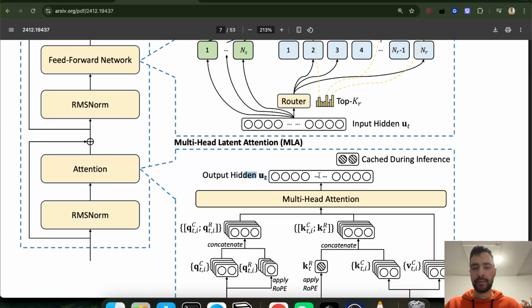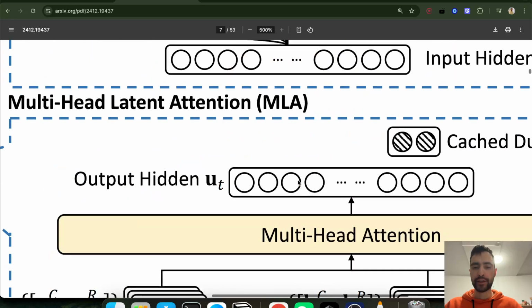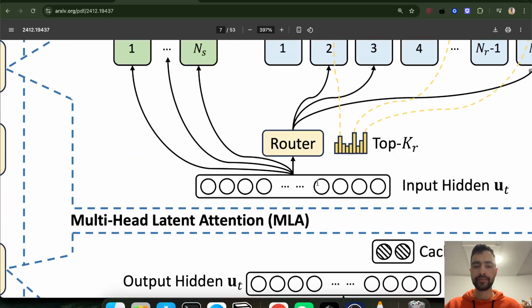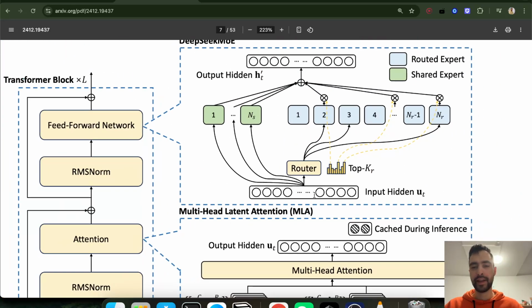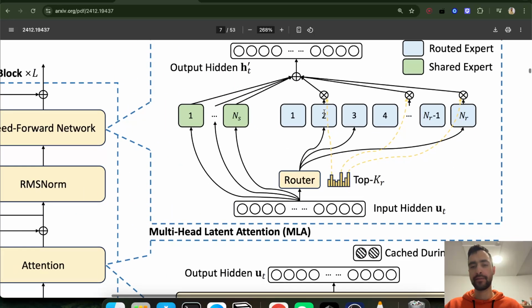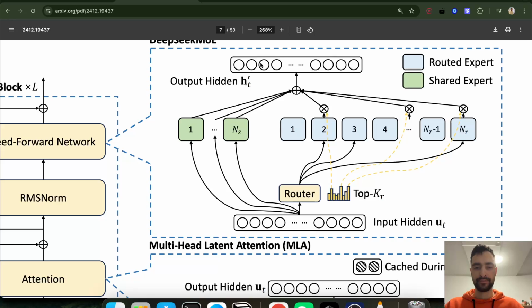After that, we give this vector embedding, which has contextual information from other tokens around, into the feed-forward network. And the feed-forward network will process it in some way and give a processed version of that vector embedding.